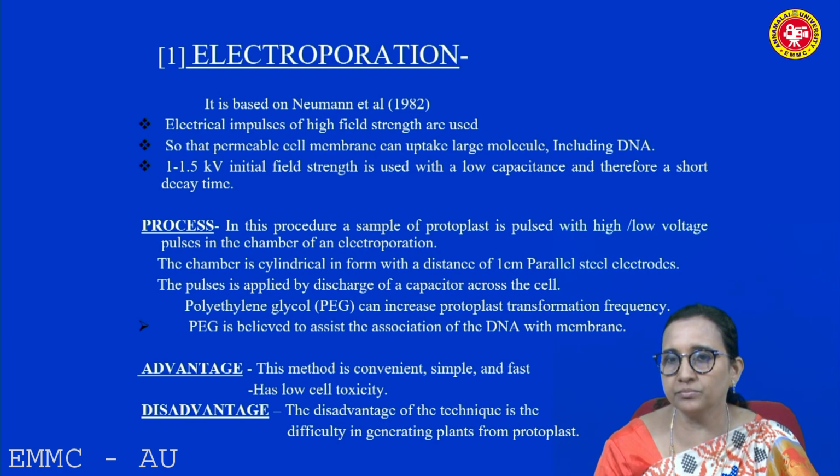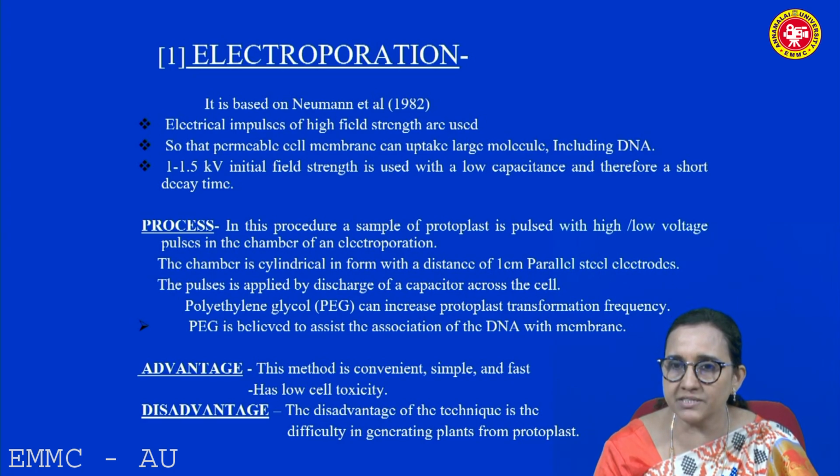How are we able to insert the foreign DNA into the protoplast? Because we are passing high field strength electric pulses. These electric pulses create pores in the protoplast, so that the DNA is inserted through the pores into the protoplast, and the transformation takes place.